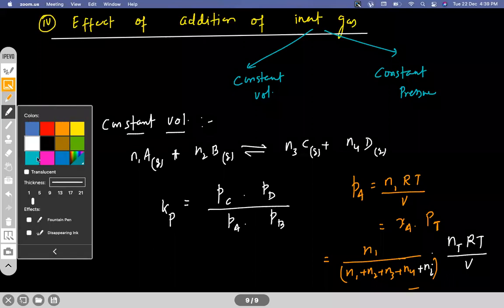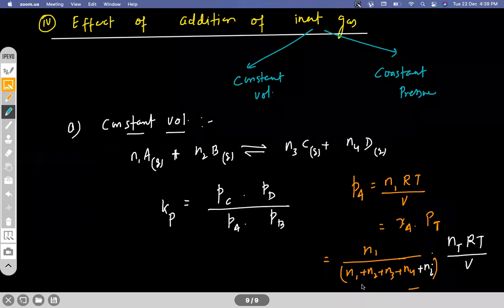Because both are the total number of moles only. So the partial pressure of A is still N1 RT by V. It is the same only, there's no change from what was initially present. And finally, if you add inert gas, it is still this only, PA.